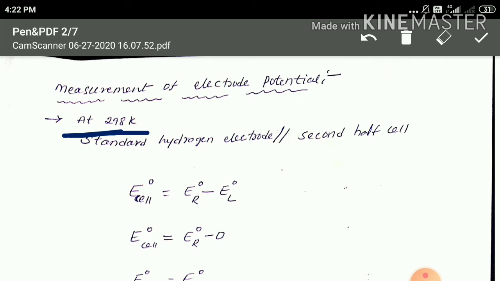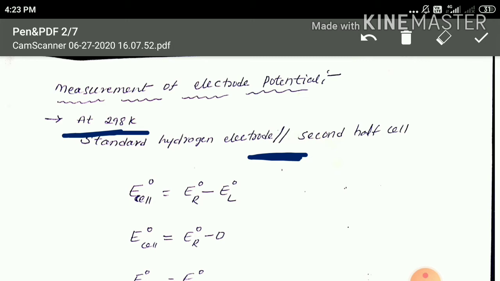So finally, how can the overall cell be represented? According to the IUPAC convention, the anode half cell we should always represent on the left hand side, and the cathode always on the right hand side, and both the half cells are separated by a salt bridge, like this.